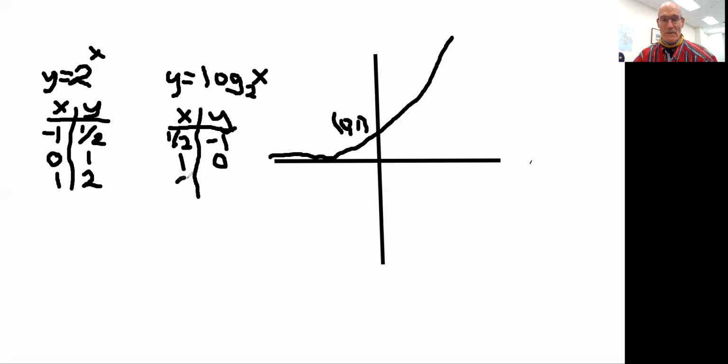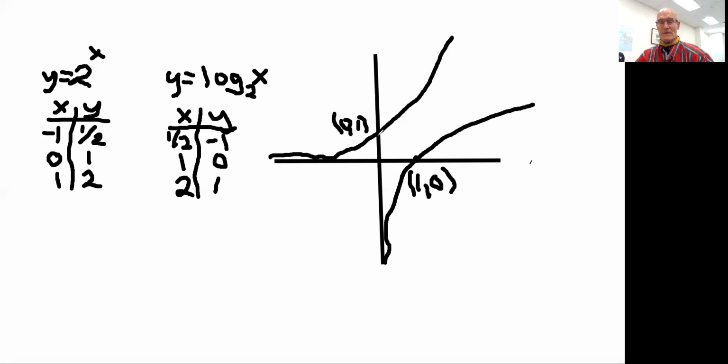And the 2 would go for the x and it would correspond to 1. So what you're looking at is you're coming up off of the y-axis here as an asymptote, and you're coming through like this. So this point here now would be the coordinate 1, 0, because that is exactly the opposite of the coordinate that was up here at 0, 1 for the exponential function.